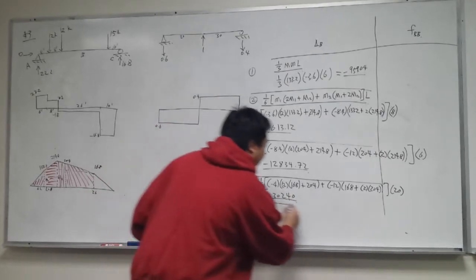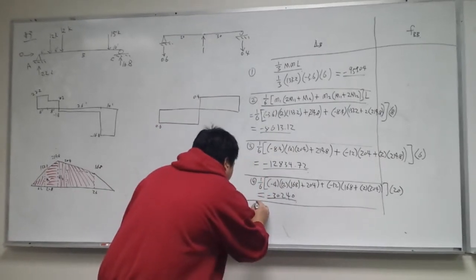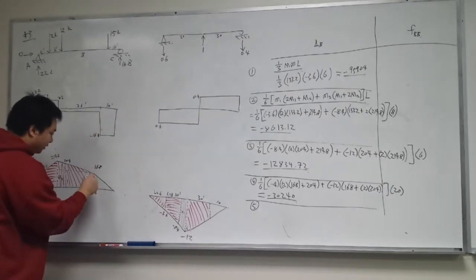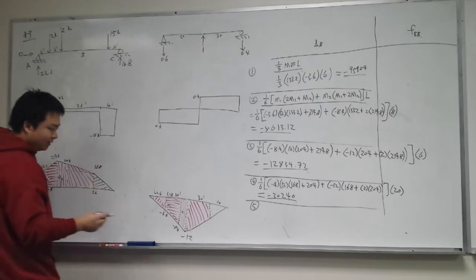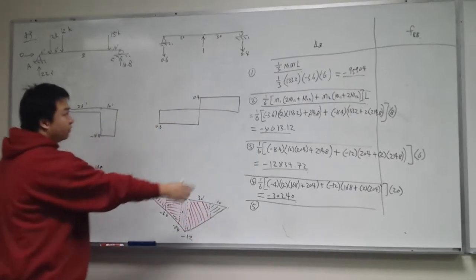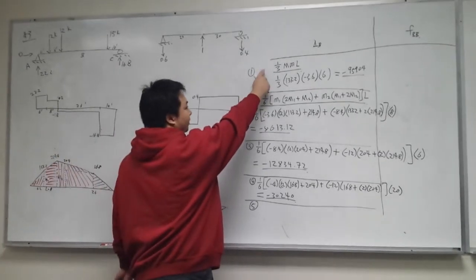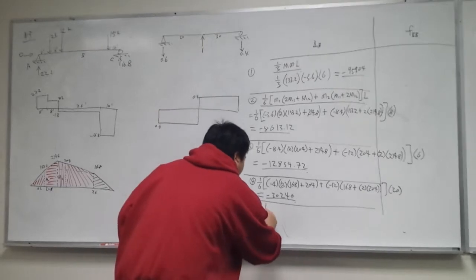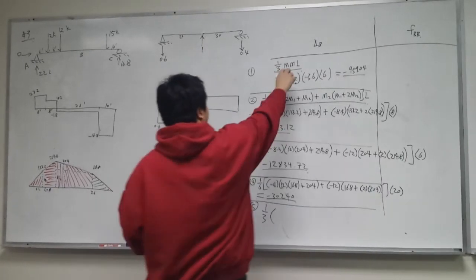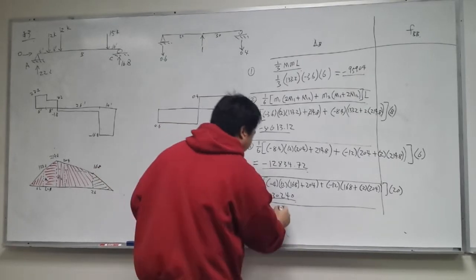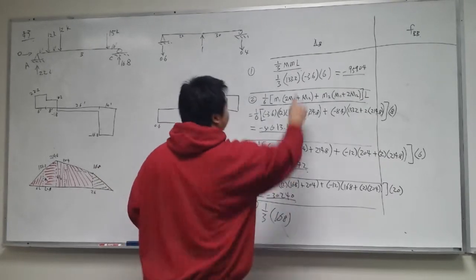And the last one is a triangle. So triangle and triangle, you use the same one as the first one. So this formula. You're going to have 1 over 3 times big M. Big M is 168 times small m.